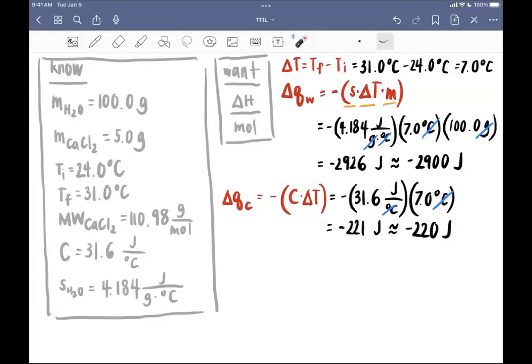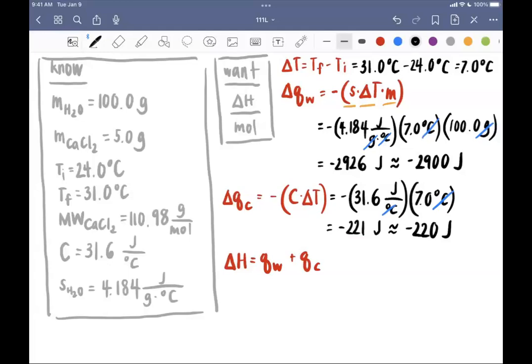Now we're prepared to start looking at our change in enthalpy, or delta H. So delta H is going to be represented by the heat of the solution plus the heat of the calorimeter. And so again, we're going to use the initial values before rounding with sig figs to make sure that we don't have additional rounding errors in our calculation.